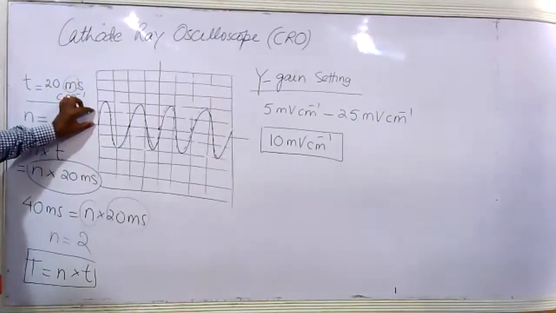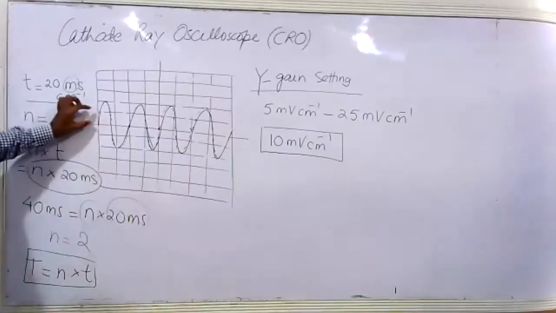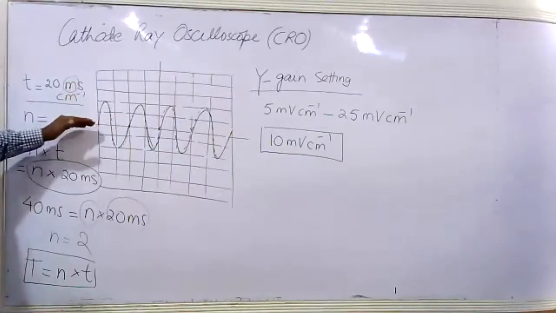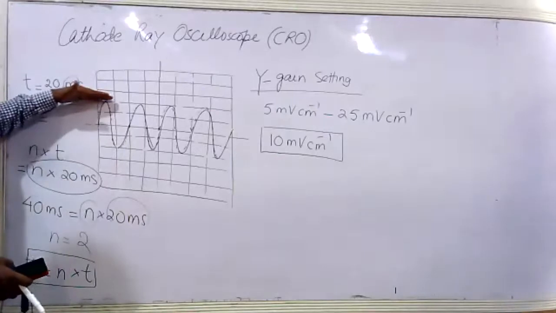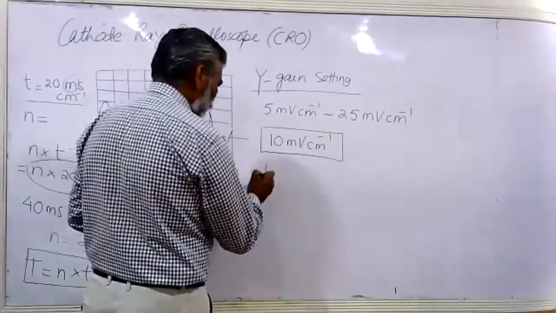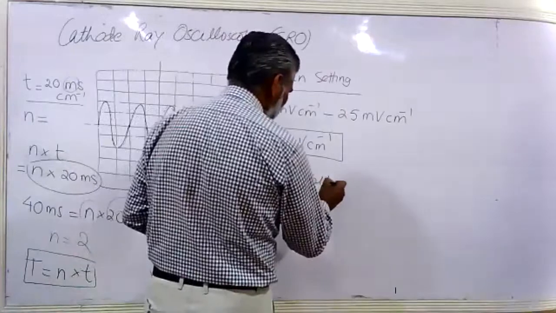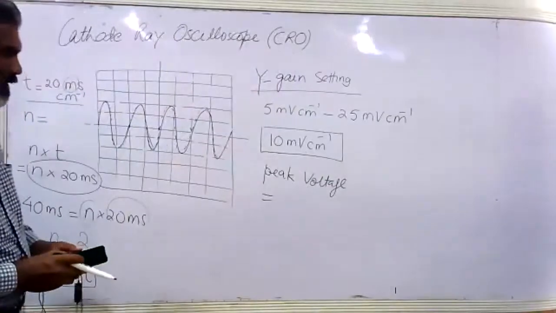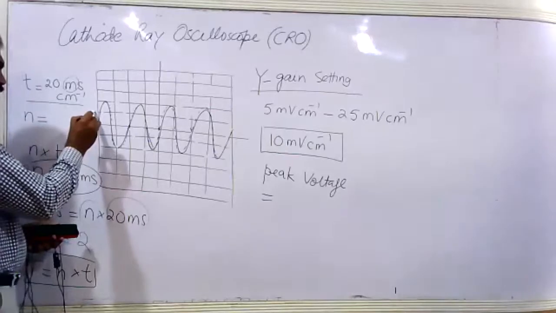I can inform what is the peak voltage of this signal. One box has 10 millivolt, because 10 millivolt is per centimeter. So one box is 10, another box is 10. That means this is 20 millivolt, the peak value. From 0 to one side it is 20, or to this side. So peak voltage. This is what we calculate using the Y gain setting and the number of boxes along the Y direction.